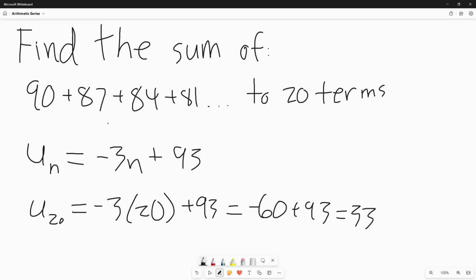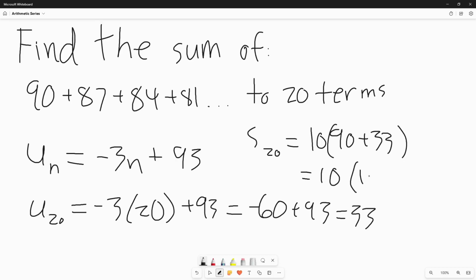So now let's plug in all our values into the formula. S20 is equal to 20 over 2, which is 10, times (u1, 90, plus 33). This is equal to 10 times 123. And this is going to be 1230.